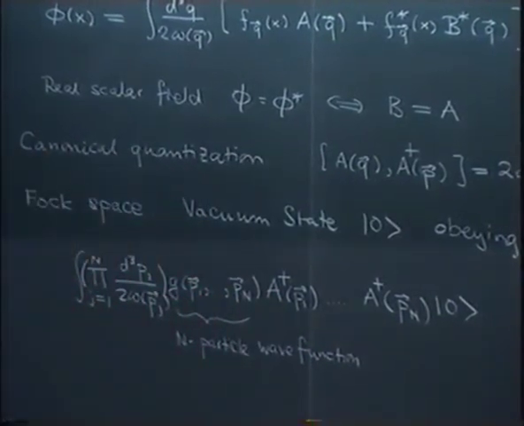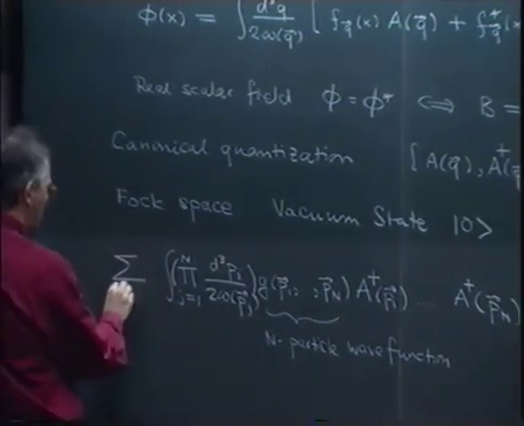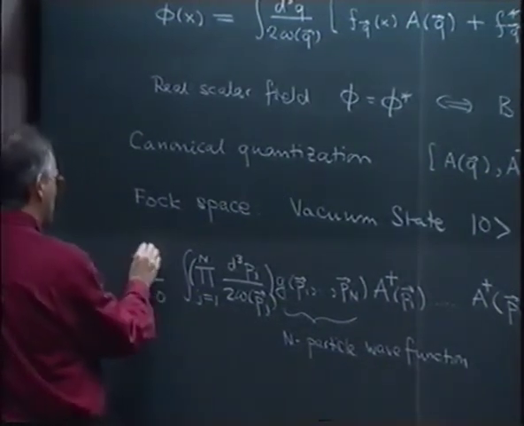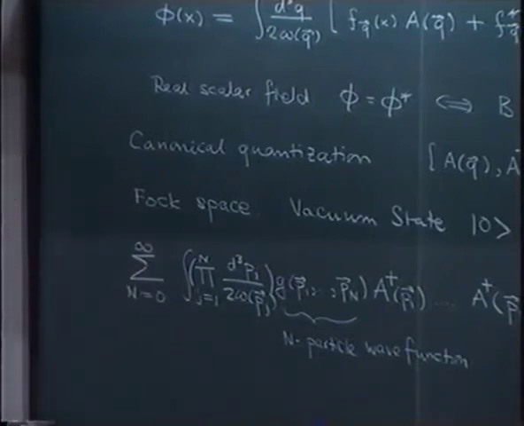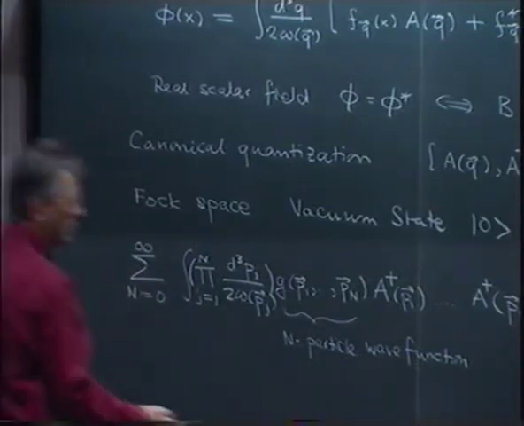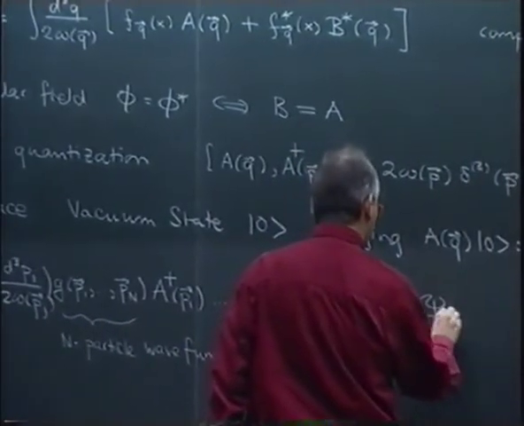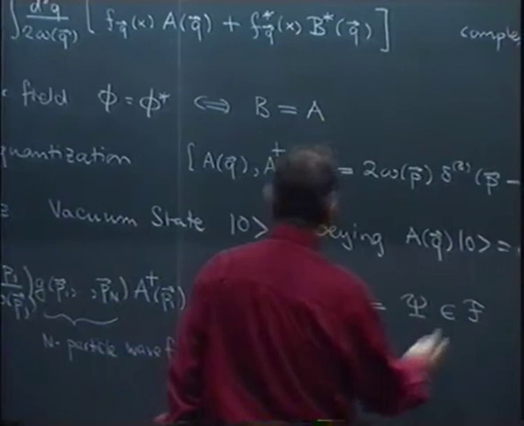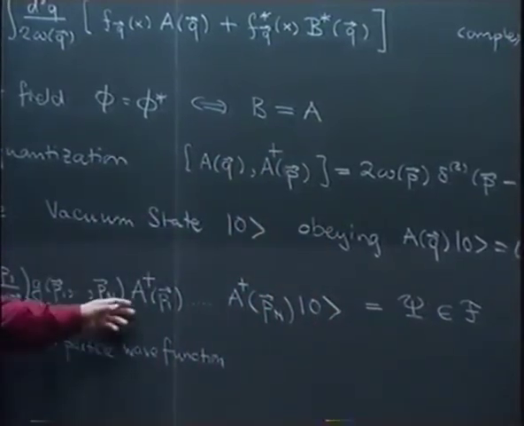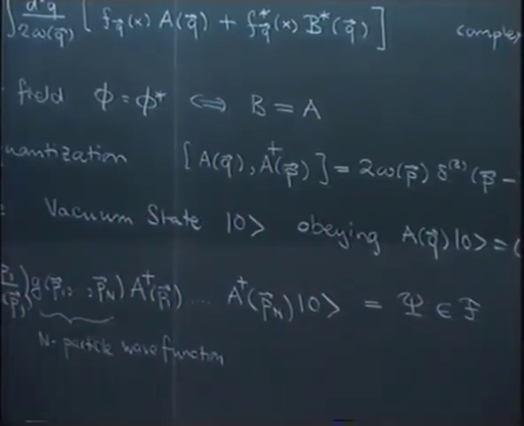And furthermore, this state has definite sharp particle number, but we can also write down states that have indefinite particle number by summing this from 1 to infinity. So this way we get a very complicated state. So this is a state psi in the Fock space, and this state does not even have a well-defined particle number.